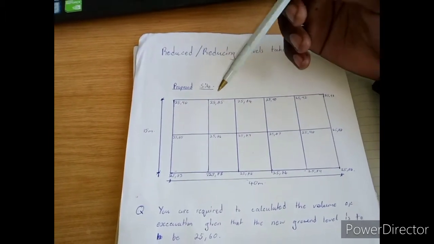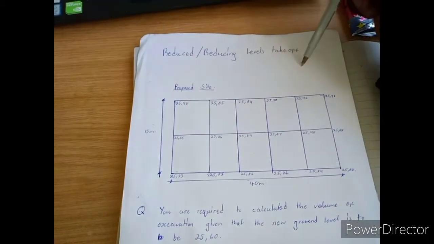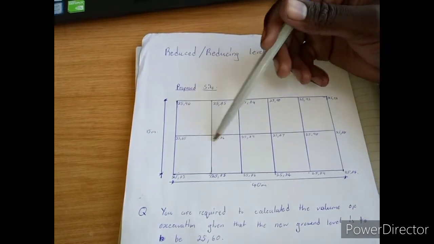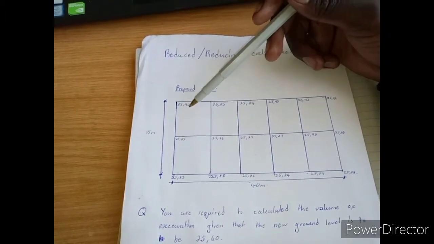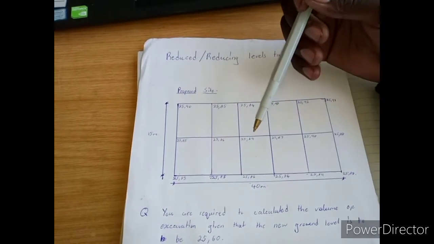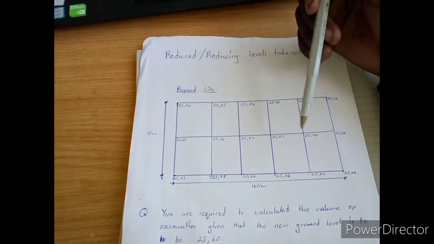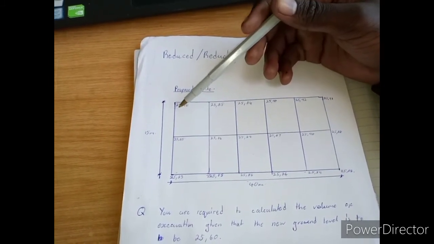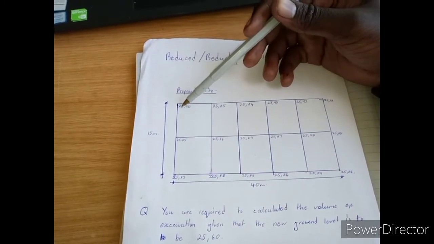And then the QS, in order to do the takeoff, will find the average level of the entire site. So right now I'm explaining how to calculate the reduced levels takeoff.